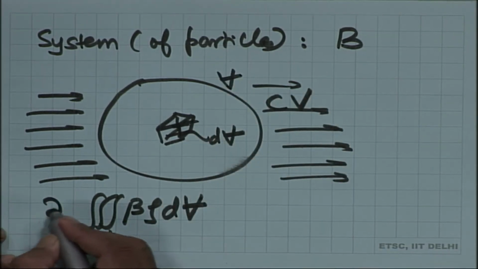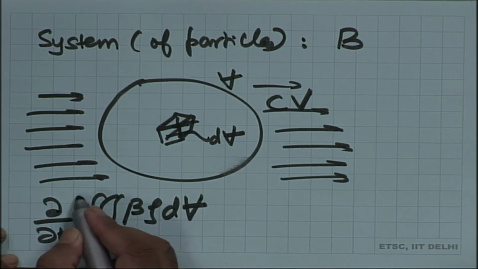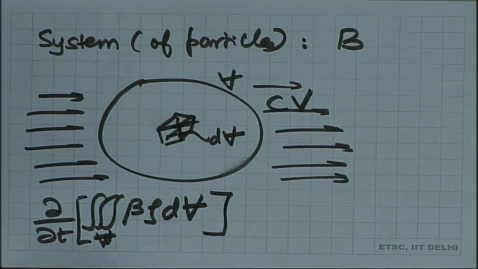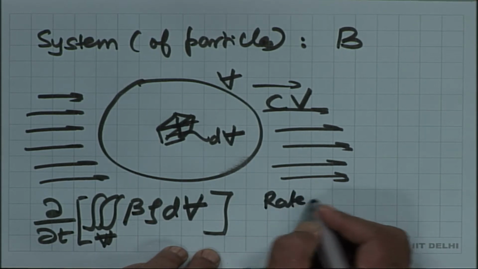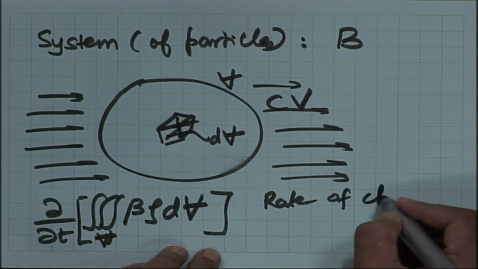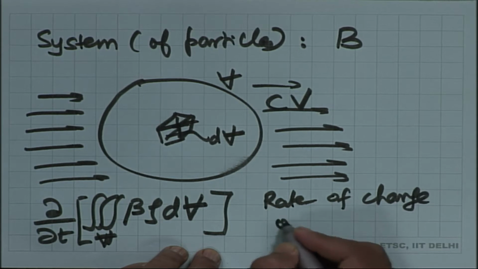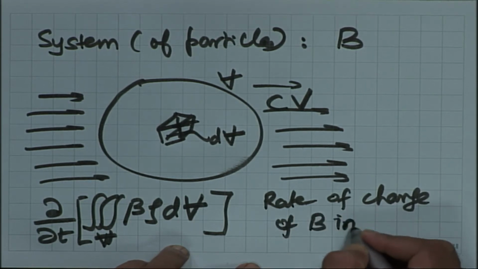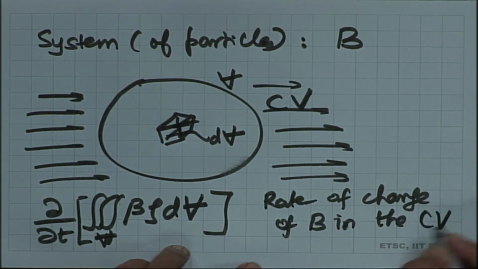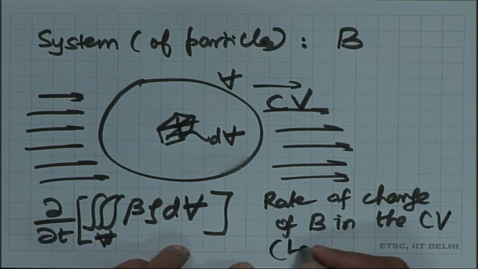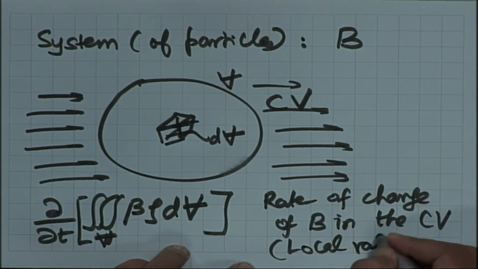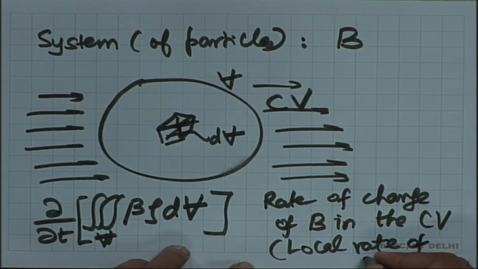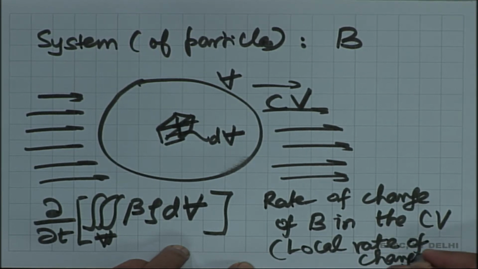And if I take a partial by partial t of this quantity, this will tell me the rate of change of B in the control volume, and this is, as we discussed last time, a local rate of change.